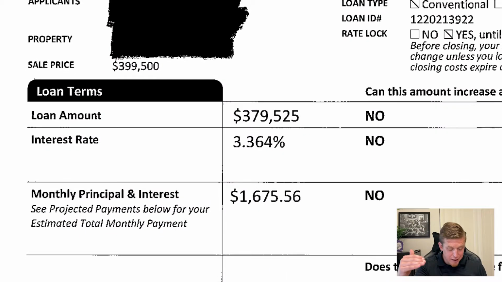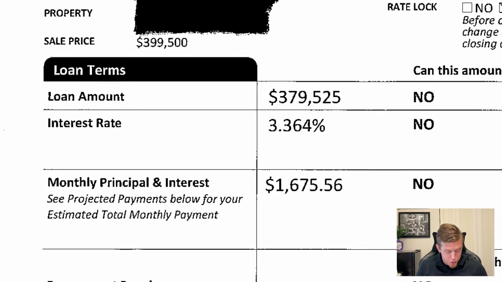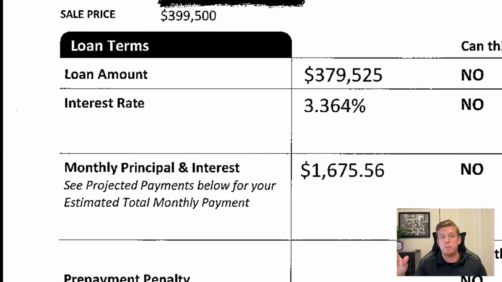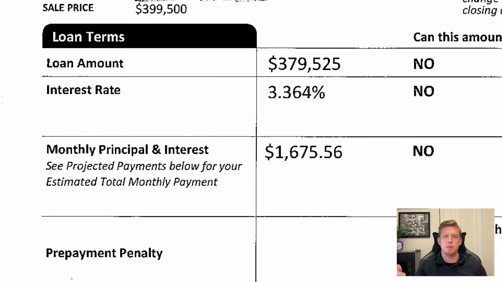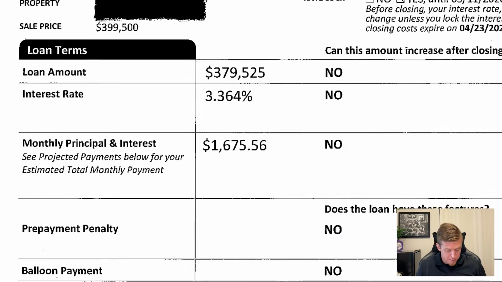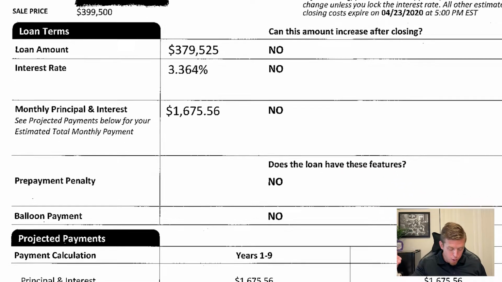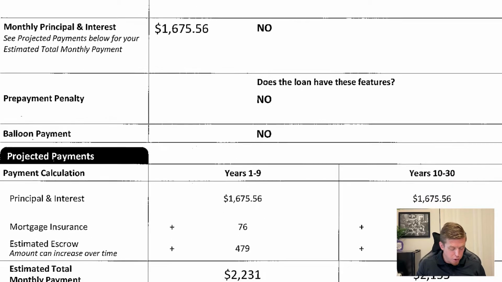Then you get down into loan terms, exactly like you would expect. It's got loan amount, interest rate, monthly principal and interest. Now that principal and interest payment, you should know, doesn't include taxes, insurance, mortgage insurance, and whatnot. That's what you see down in the next section that says projected payments. That breaks it down: principal and interest payment, mortgage insurance, estimated escrow, which is tax and insurance, and then your total payment.